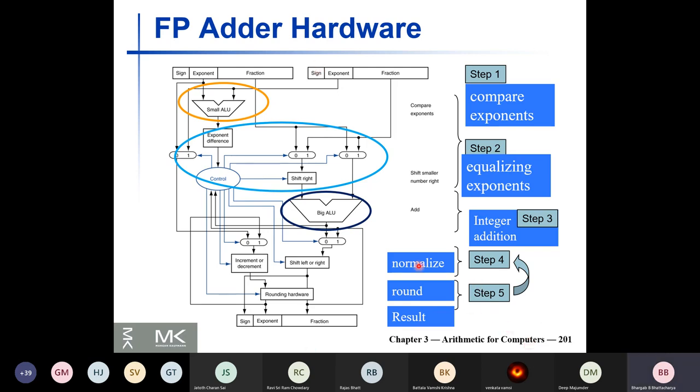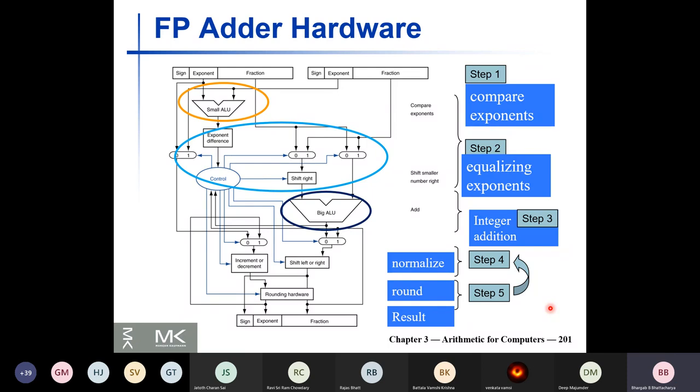And now I would give you a small example to illustrate how this rounding is performed and how some bits are lost, as we have seen in the previous example. When I shift the smaller number towards the right, some bits may be lost. So how do I manage those bits and how do I perform the round operation at the end?